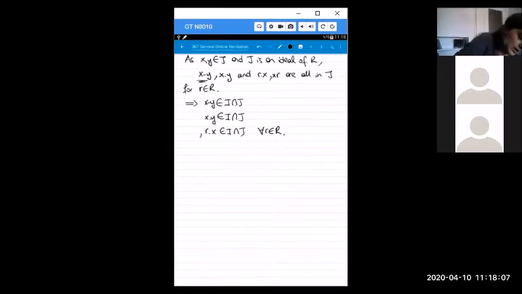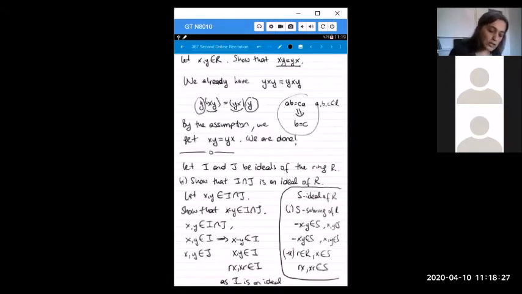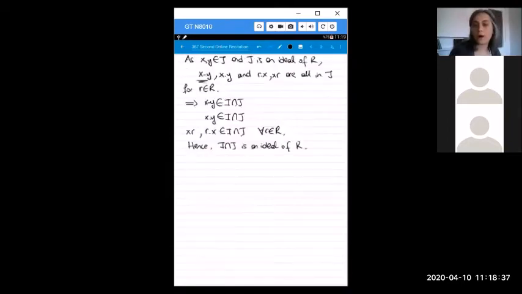And of course, here we should add x times r. x times r and r times x lie in the intersection, meaning that hence I intersection J is an ideal of R. We just showed that all conditions of an ideal are satisfied for the intersection of these two ideals. So we have shown that I intersection J is an ideal of R, under the condition, of course, that I and J are ideals separately. Any questions?